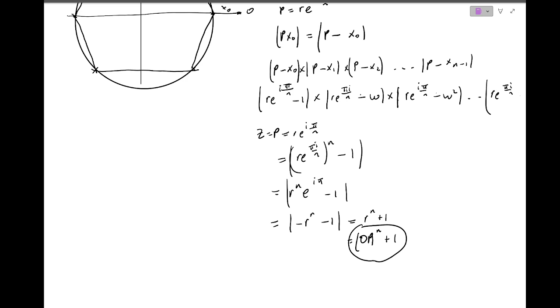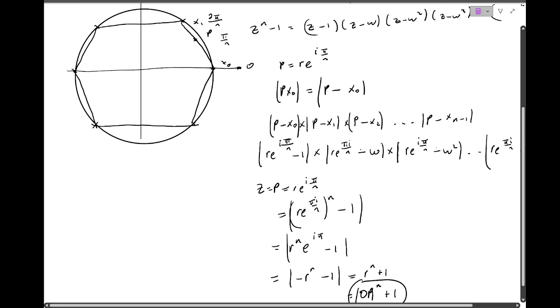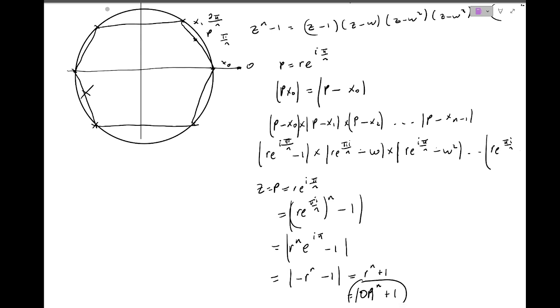If you draw a heptagon, I'm not going to draw it here because I don't have enough space and I don't really have enough time. But if you draw a heptagon, just look at a heptagon online. If you add pi, let's say you added pi to this point p, in this even circumstance, you would end up here, right? But when you have an odd number of vertices, you're going to end up at another root of unity.